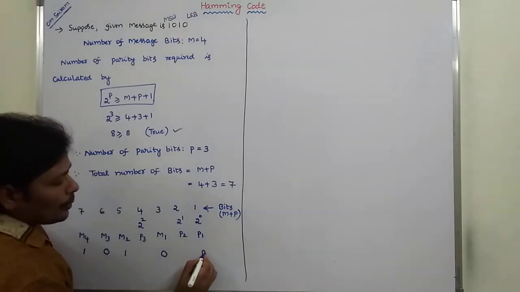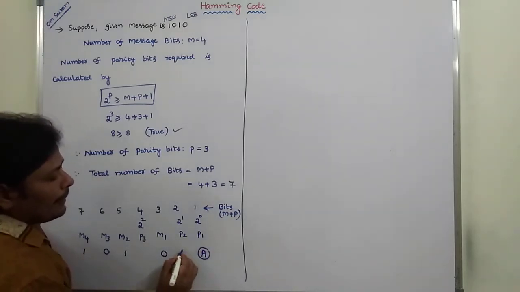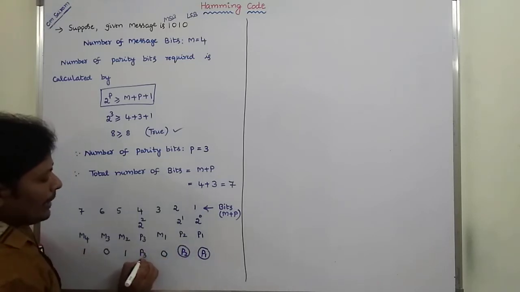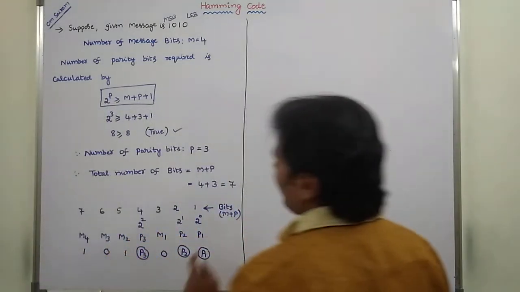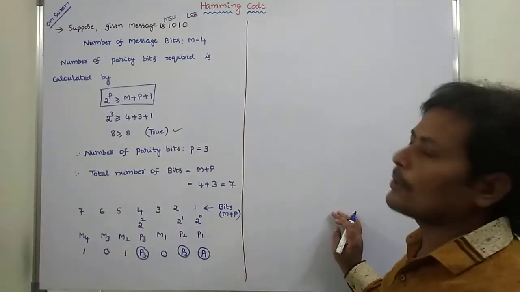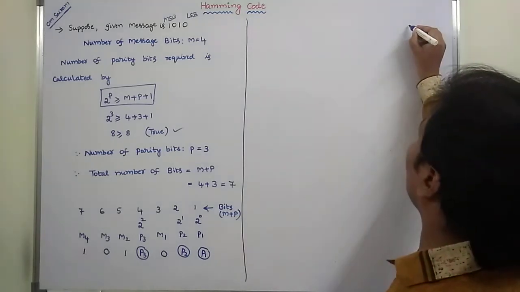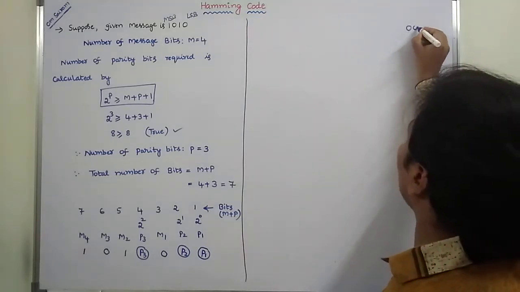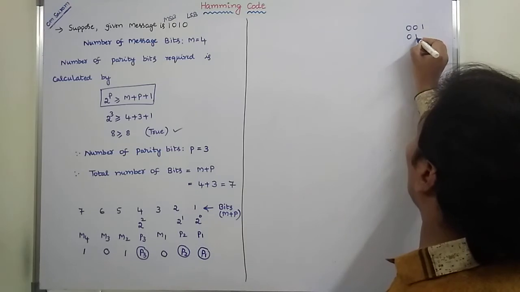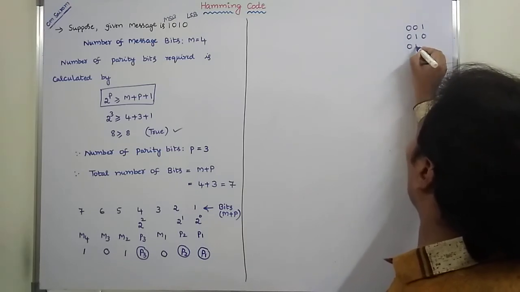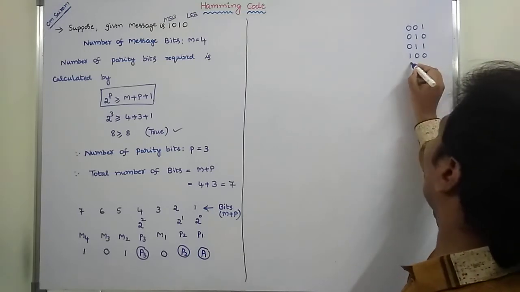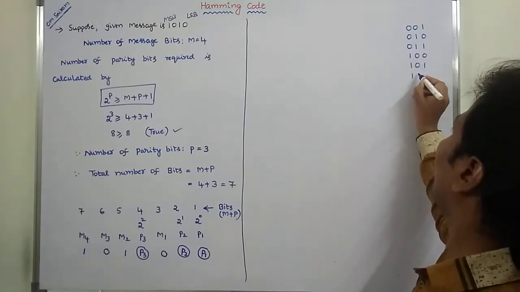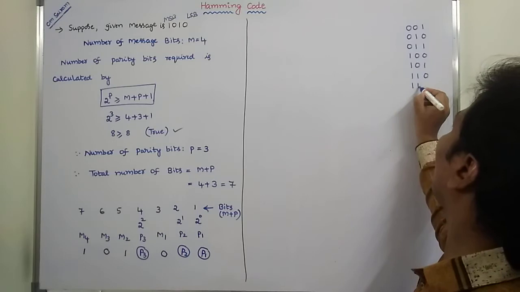Now we have to calculate the parity bit P1 value, parity bit P2 value, and parity bit P3 value. There are 7 bits, which can be represented in binary as 001, 010, 011, 100, 101, 110, 111.